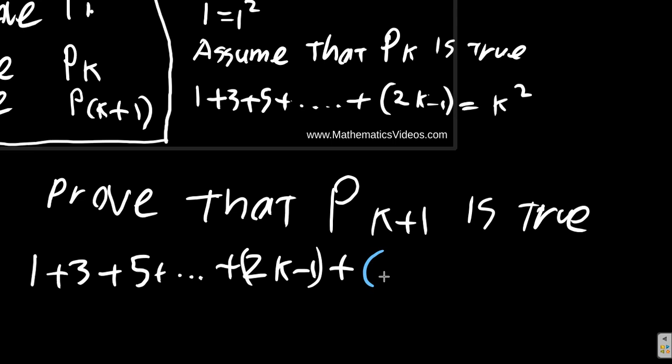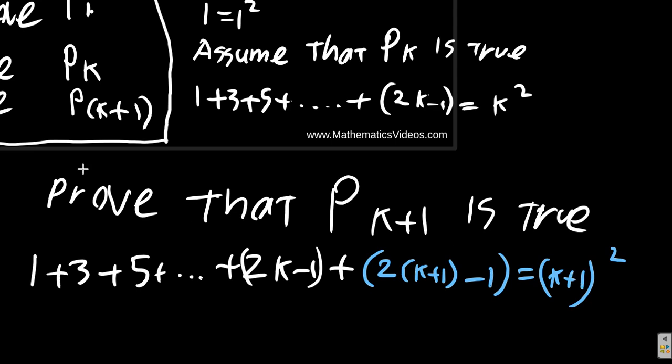It's going to be 2, you have this bracket, 2 times k plus 1, close that bracket. Then this minus is going to come here, minus 1, is equal to, this k is no longer k, it is k plus 1 squared.